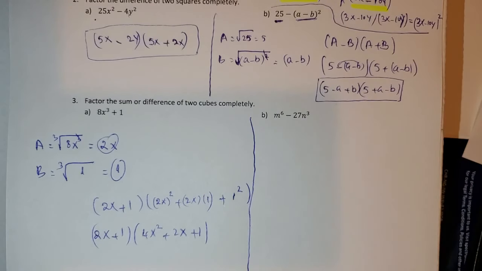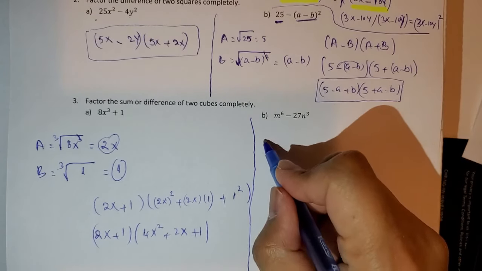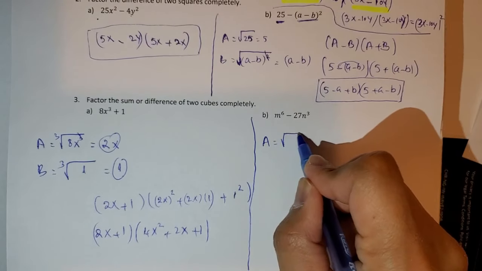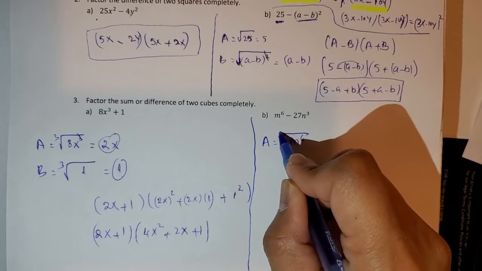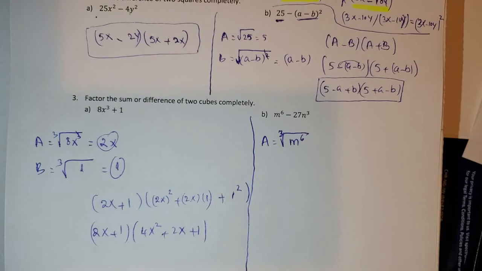We do the same thing here. We just need to find my a here, which is the cube root of m to the power 6. We try to find what number multiplied 3 times gives you m to the power 6.